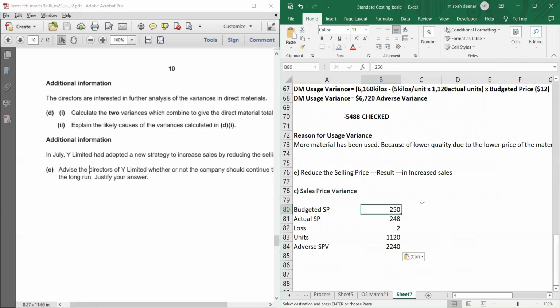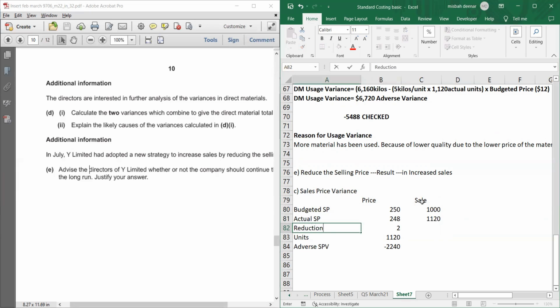The budgeted selling price was 250 and we budgeted that we would be selling 1000 units, and the actual selling price was 248. So how many units were sold? 1120.